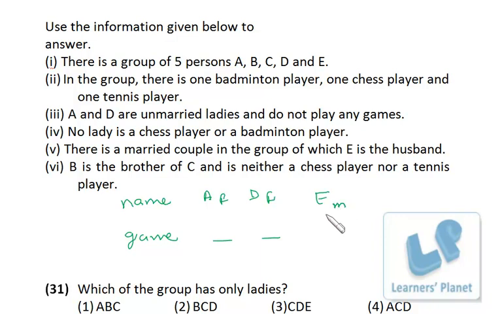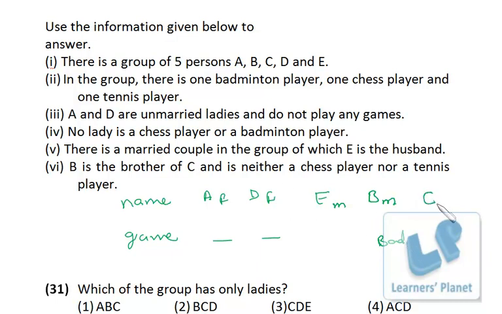E is male and B is brother of C. So further B is male and B is brother of C and is neither a chess player nor a tennis player. So chess is not there, tennis is not there. So the third game we are left with is badminton. So B plays badminton.